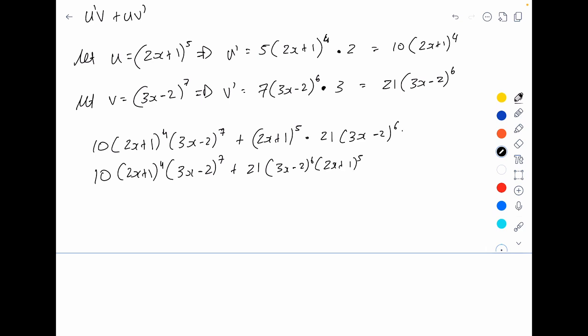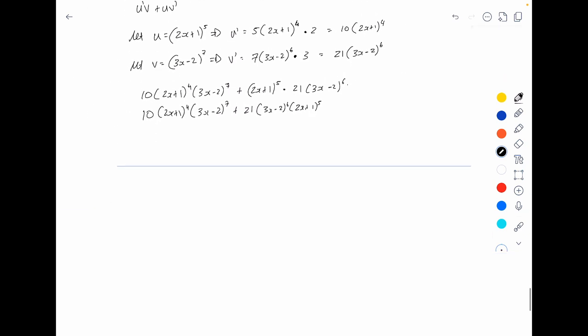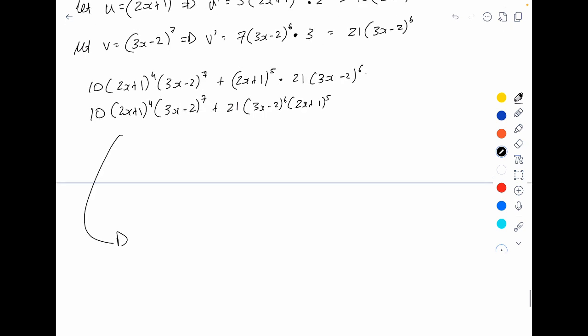Okay. So from here then, this is technically the answer, but we can factorize this to make things simple. We can say that if we take out 2x plus 1 to the 4 and 3x minus 2 to the 6, we've got 10 here. Okay, 10 times 3x minus 2.